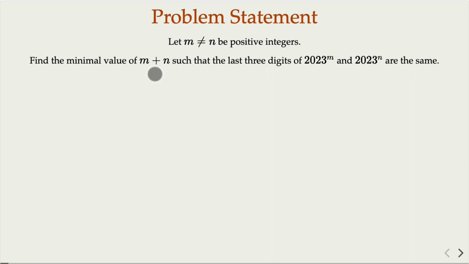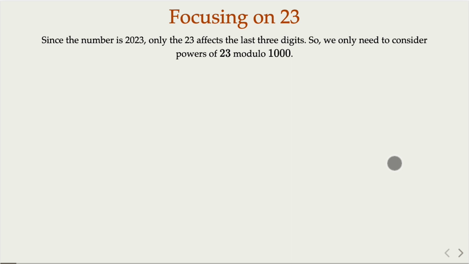We look at this problem here. We need to find the minimum value of m plus n so that these two numbers have the same last 3 digits. One thing we can do is that we only need to focus on the number 23. Why? Because 2023 is 2000 plus 23.